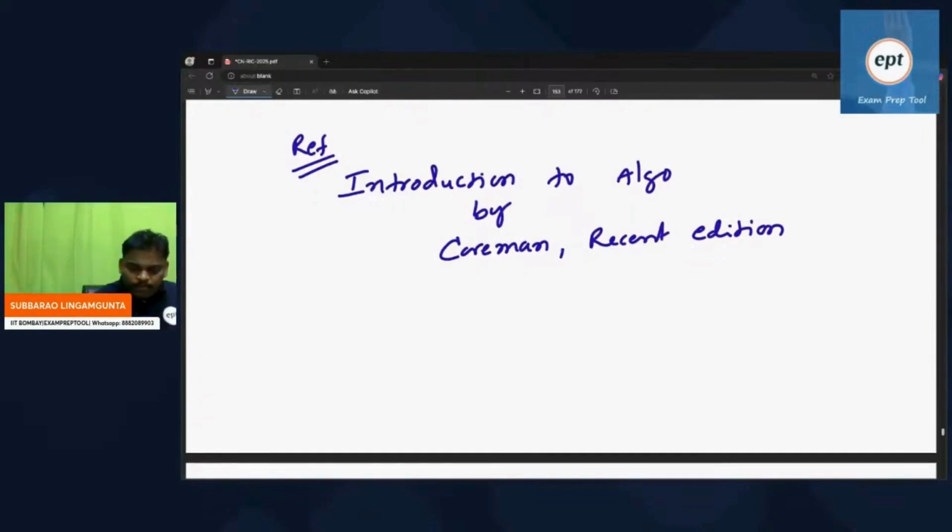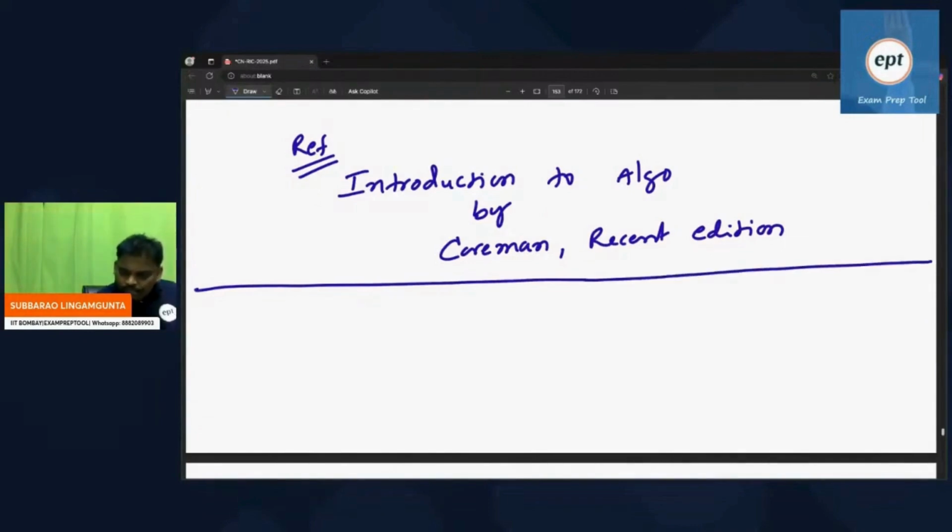Read the subject syllabus. The algorithm subject syllabus, the first one is analyzing algorithms. Analyzing algorithm means finding time complexity.